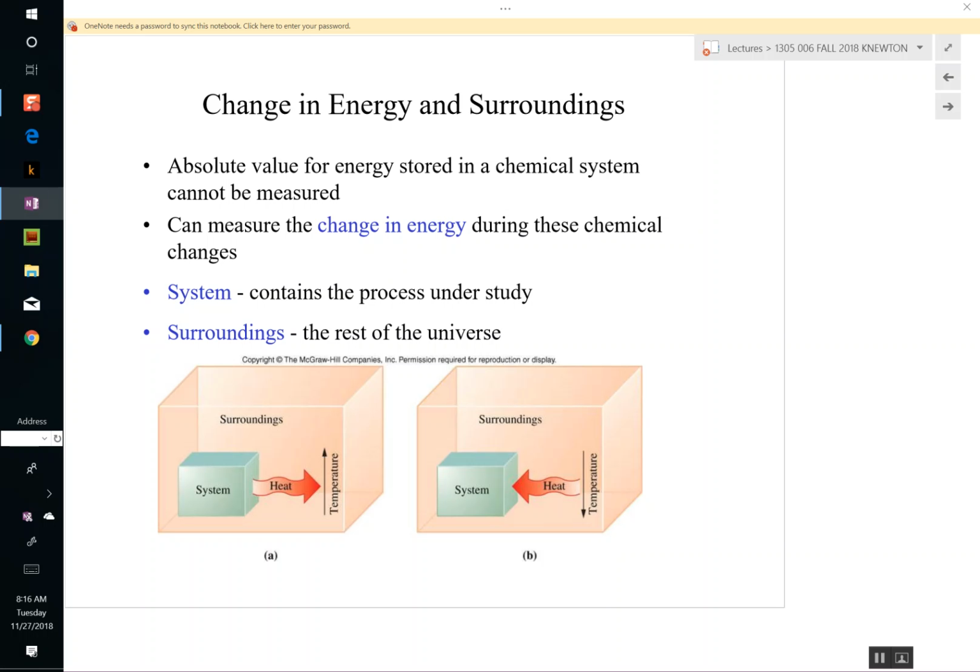So if we're talking about an exothermic reaction, we've got a system here. It's releasing heat into the surroundings. It's going to make the temperature of the surroundings go up. If you have an endothermic reaction going on in your system, it's going to absorb heat from the surroundings and cause the temperature to go down.